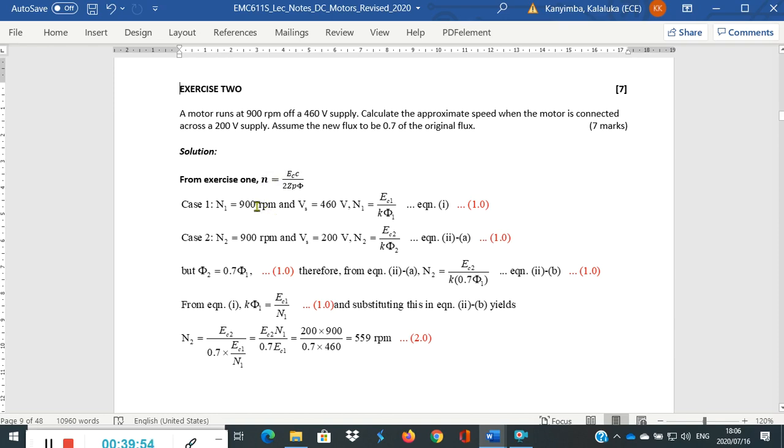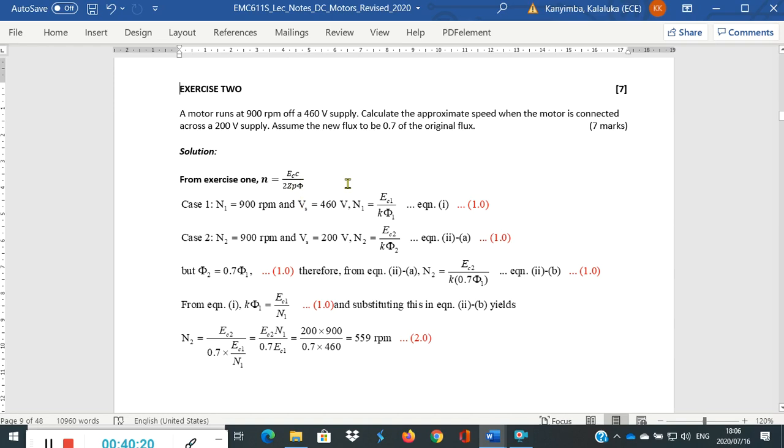We don't need to change anything anyway, but to change this to capital N, we simply multiply by 60. But it's not necessary because we know that the rest will be constants. The only variables here are the voltage and the flux.